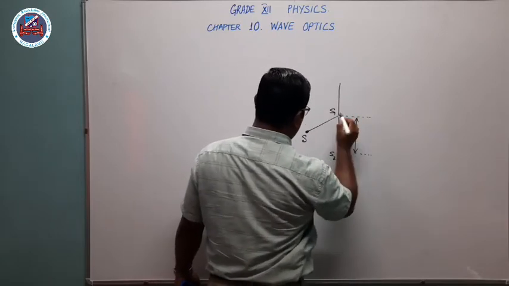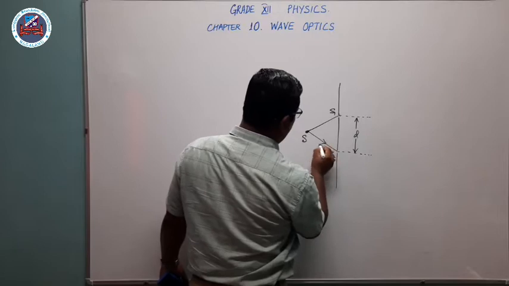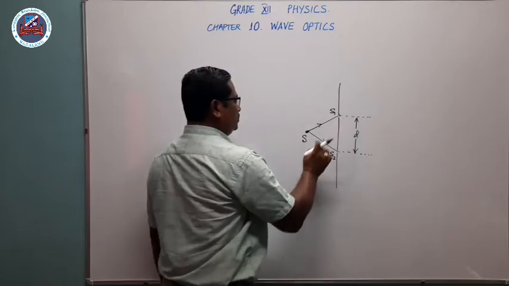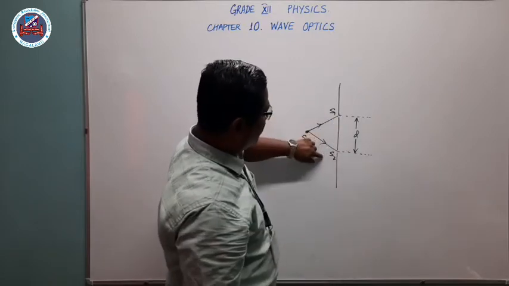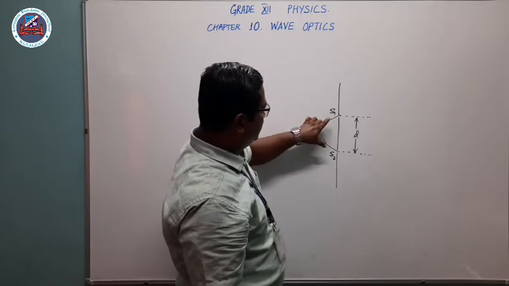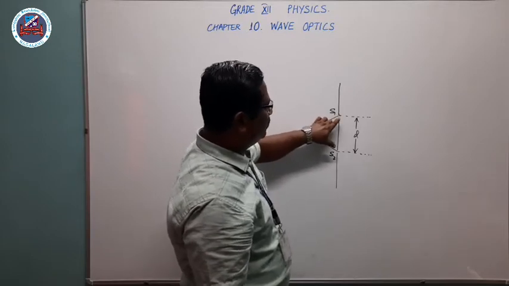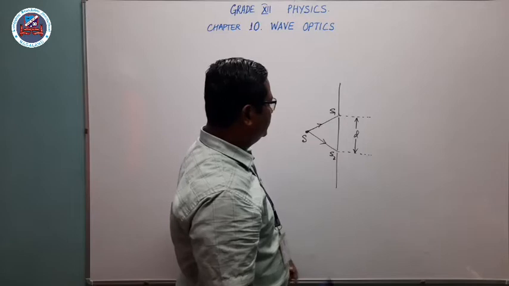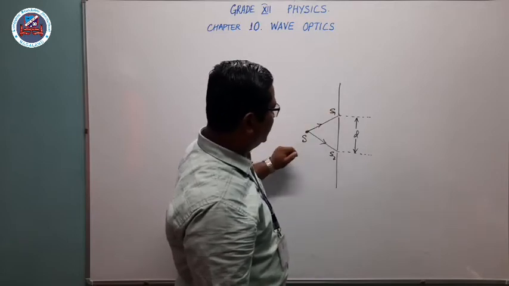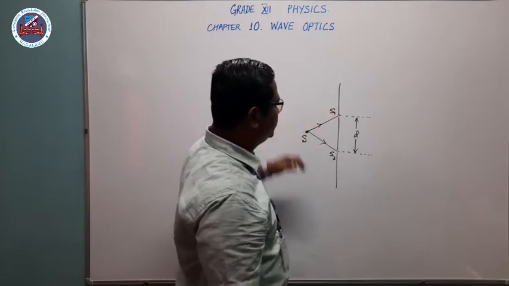Light rays, when they come from this source S towards S1 and S2, the narrow openings we call slits, will behave like sources of monochromatic light, or they will be coherent in nature because they are from the same source.